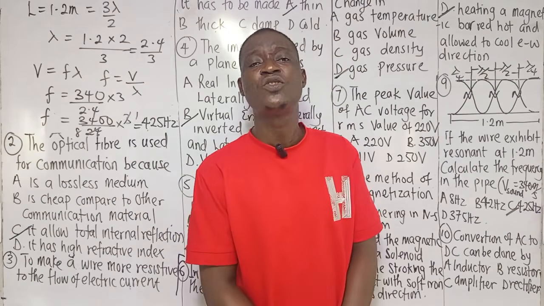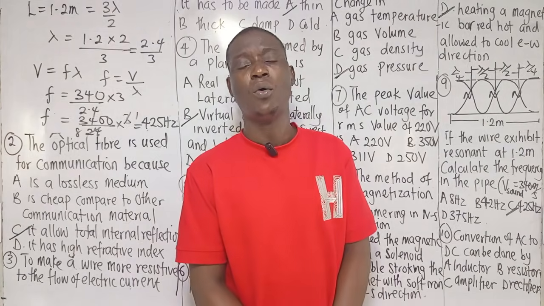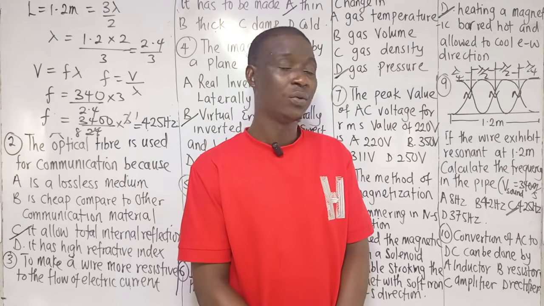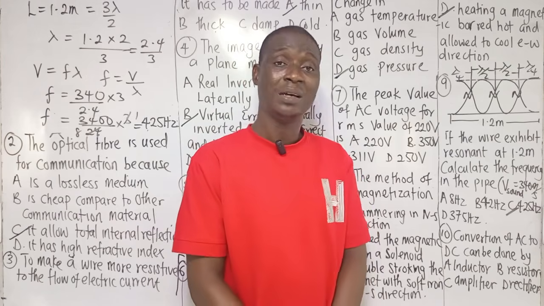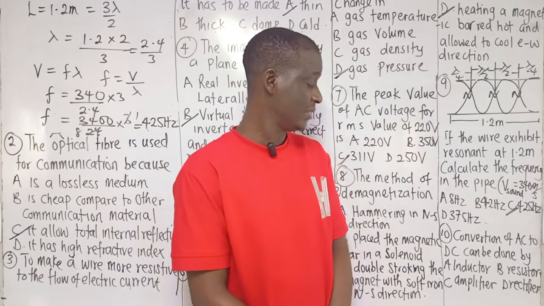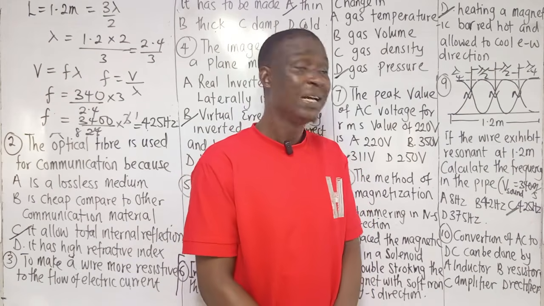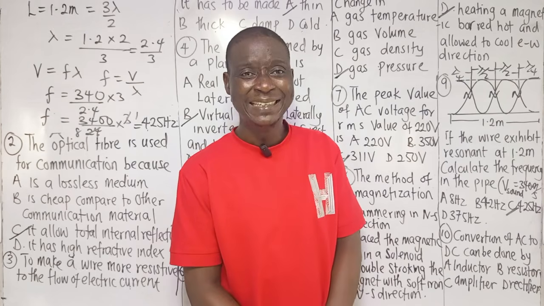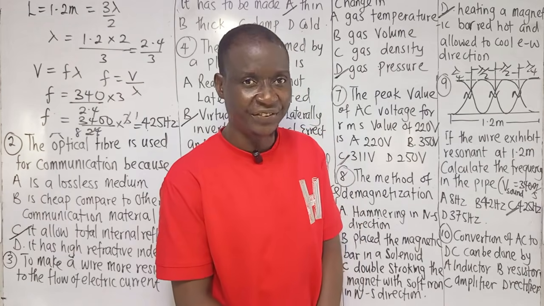The amplifier is used for amplification of a circuit, while a rectifier is used to rectify, to convert AC to DC.